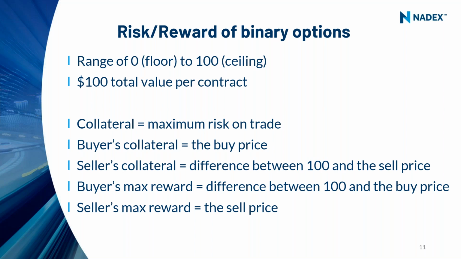Now some people say, why would you ever do that? Why would you risk 70 to make 30? Well, if you actually look at your return on your investment, you're still returning around 40%. And the probability that you're going to be true is pretty high, right?